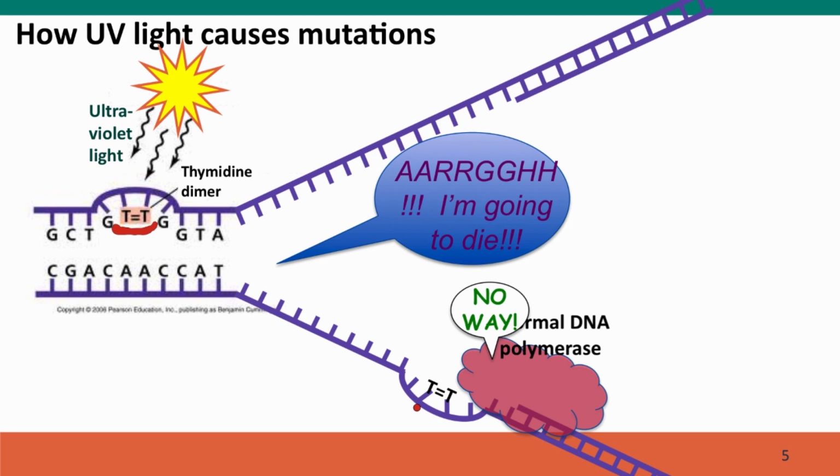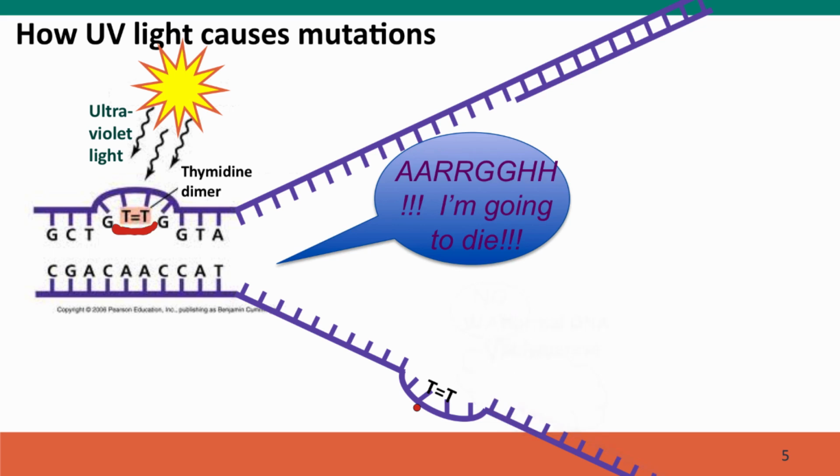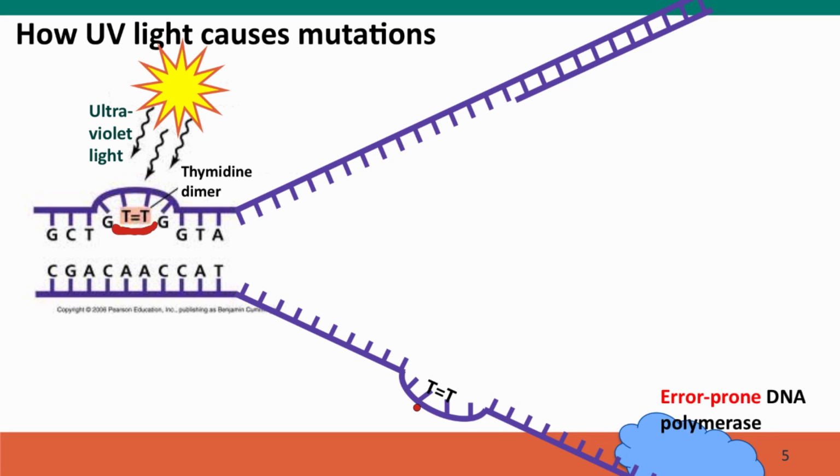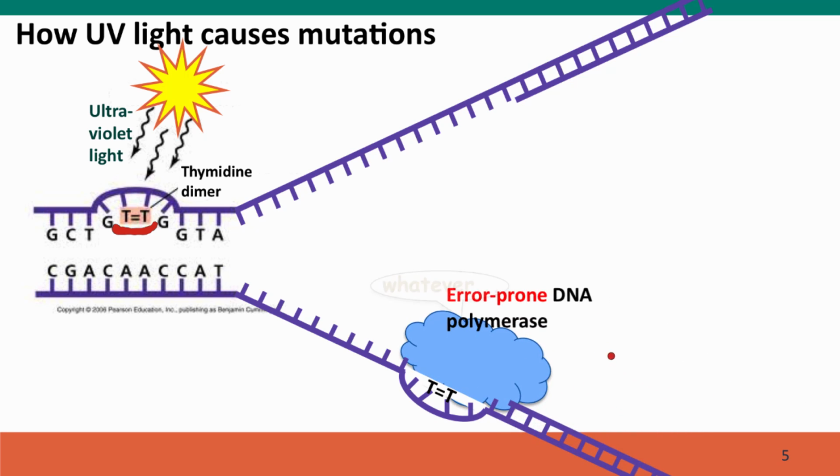So rather than just give up, cells have evolved solutions to this impasse. And that is, rather than relying on normal DNA polymerase to replicate damage, if normal DNA polymerase won't do it, the cell calls in a different kind of polymerase called an error-prone DNA polymerase. It's much less fussy than normal DNA polymerase, and it'll use damaged DNA as a template, no problem.